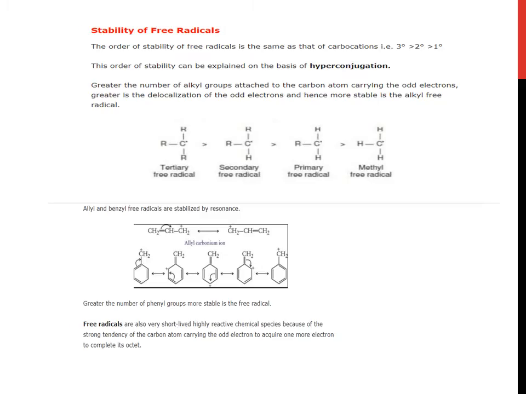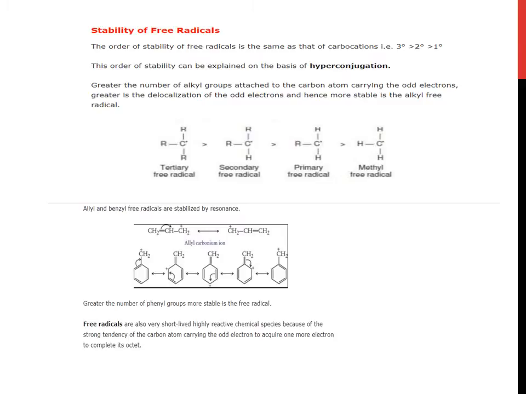Stability of free radicals. The order of stability of free radicals is the same as that of carbocation. This order of stability can be explained on the basis of hyperconjugation. The concept of hyperconjugation is also done. So greater the number of alkyl groups attached to the carbon atom carrying the odd electron, greater is the delocalization of the odd electron, and hence more stable is the alkyl free radical.